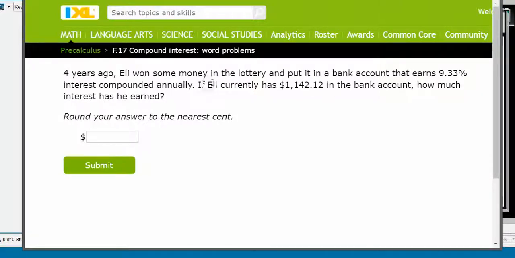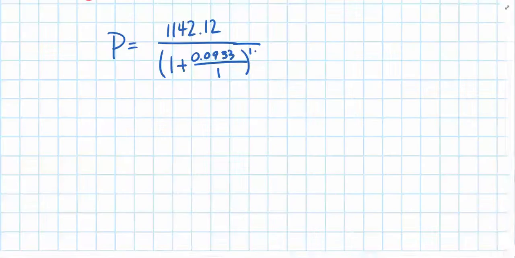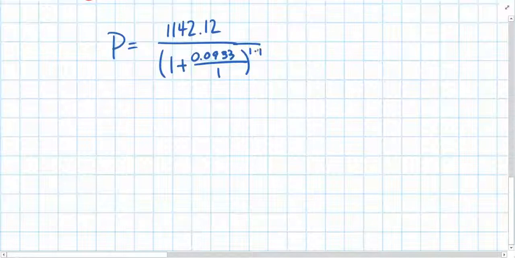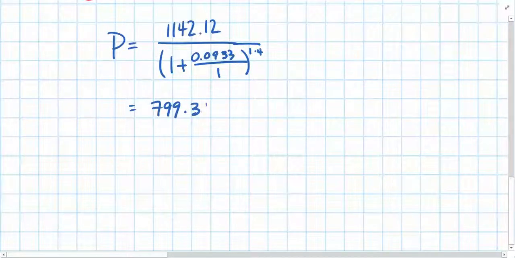So we're talking about t was 4 years ago. So 1 times 4. If I complete this calculation, I'm left with a principal or starting amount of $799.38. So it looks like $799.38 was invested, and it's now worth this total amount.